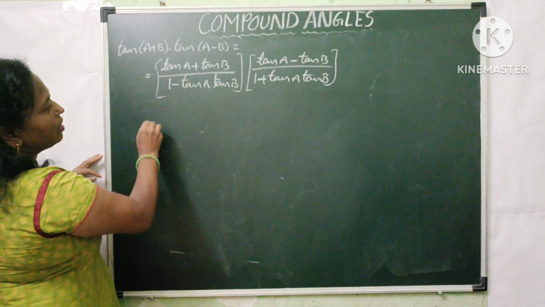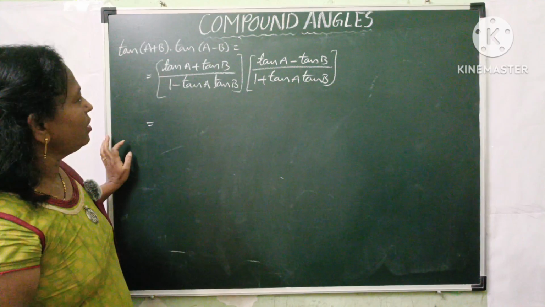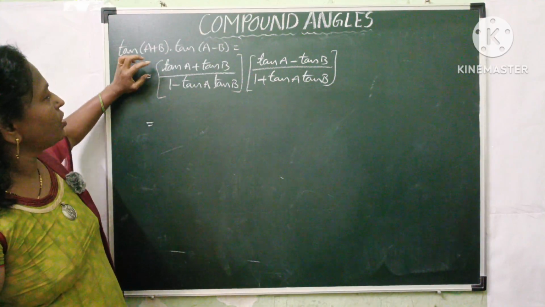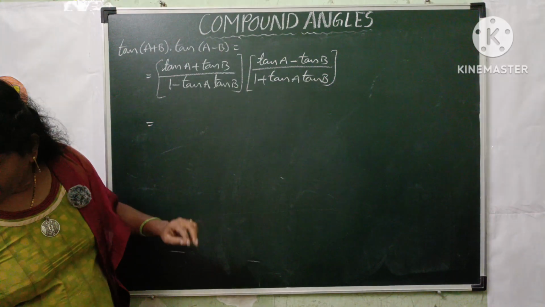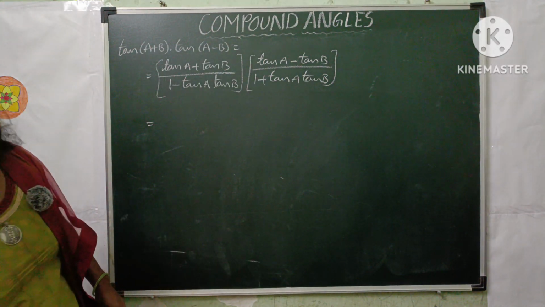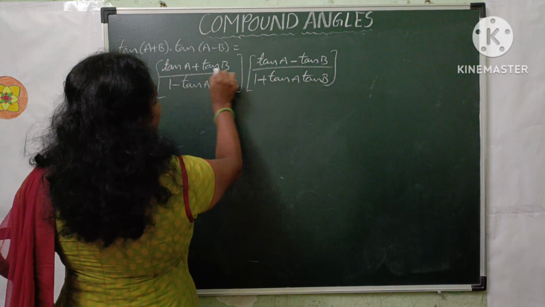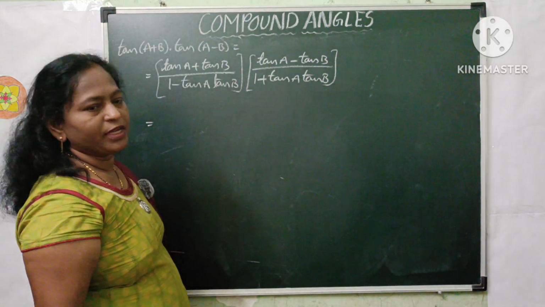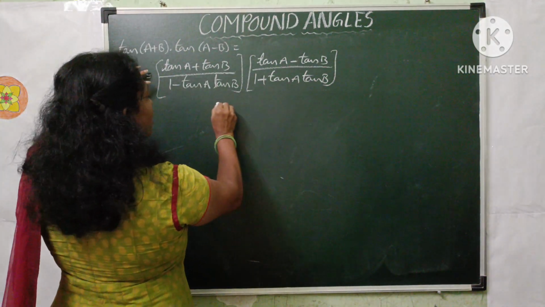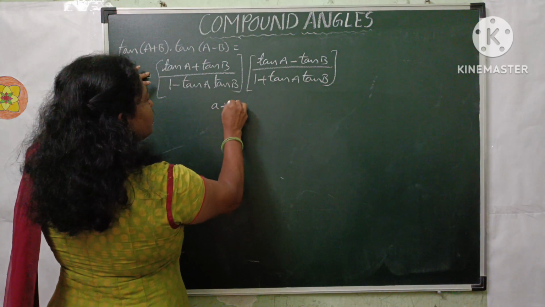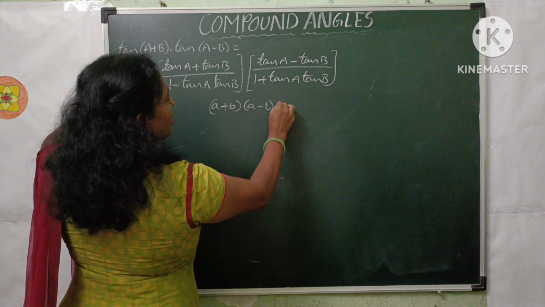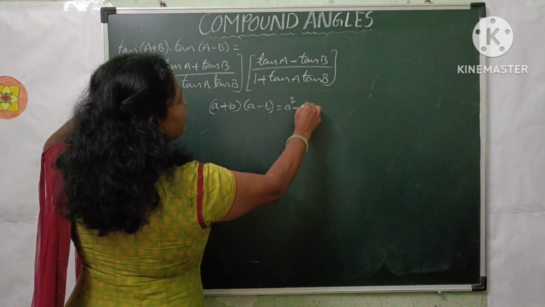Now here we have to check. Tan(a+b), tan(a-b). Here also compare the numerator part: (a+b) into (a-b). So here also (a+b) into (a-b) equals a square minus b square.